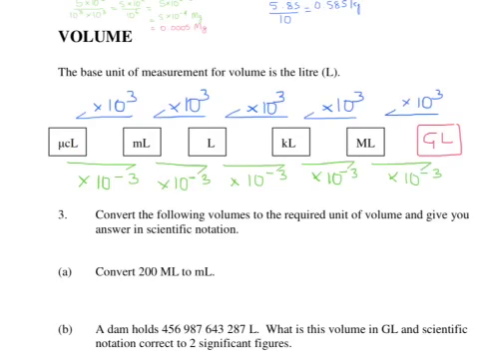So our first conversion is converting 200 megalitres to millilitres. So mega to milli, so we're going down in that direction, multiplying by 10 to the power 3 times.